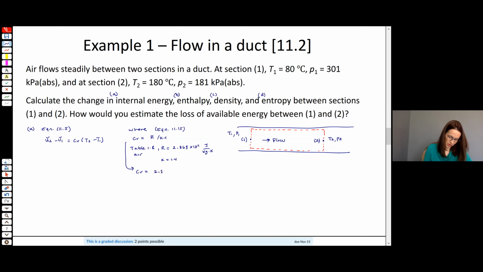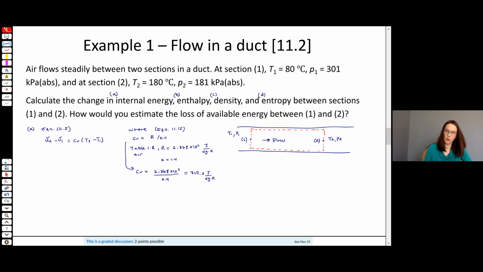We've got 2.869 times 10 to the 2 over 0.4, and that gives us 717.2 joules per kilogram Kelvin.